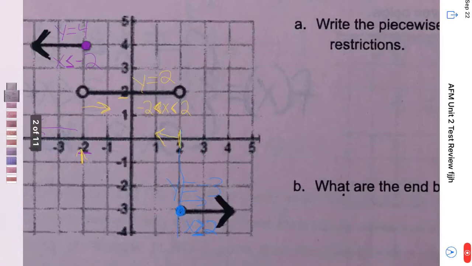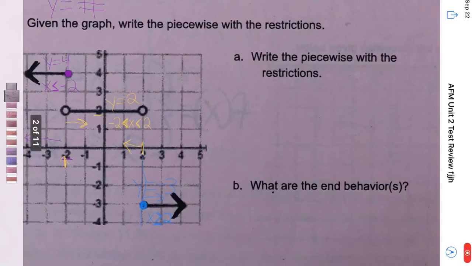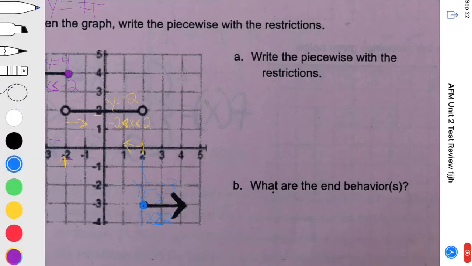So once we've created all of our equations and our restrictions, we can create our piecewise. Do not leave your equations and your restrictions like this. If it says write the piecewise and you leave it like this, it is not a piecewise, so you did not answer the question. So we have f of x equals our squiggly.